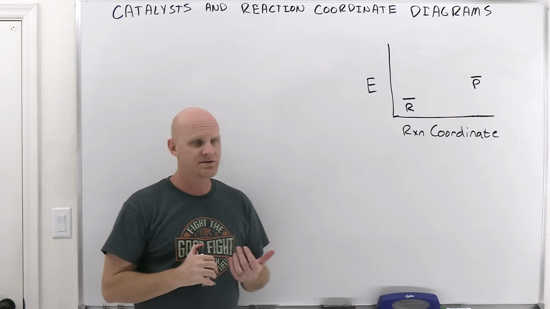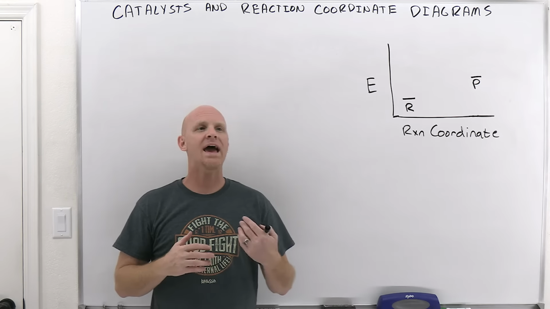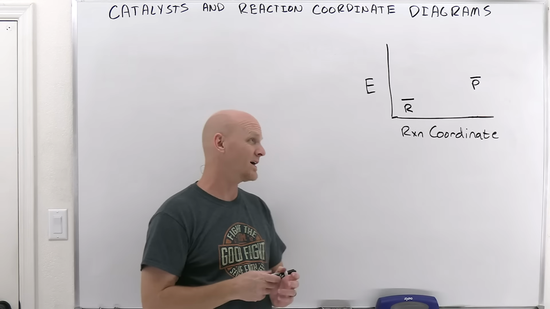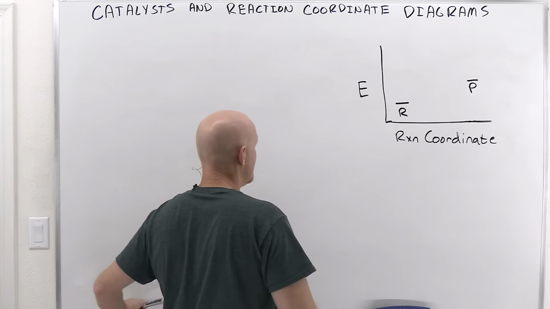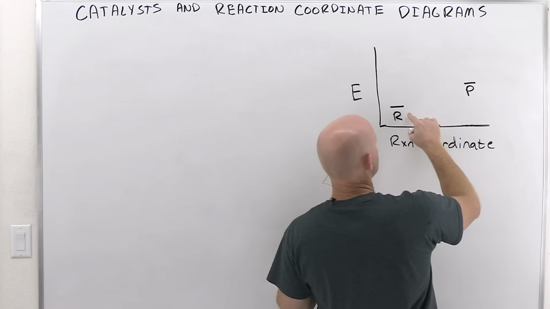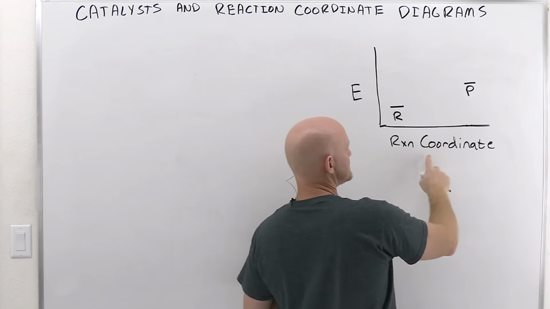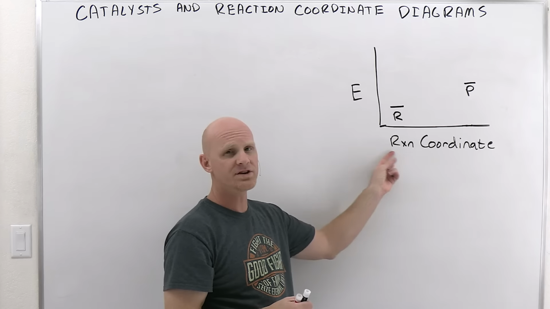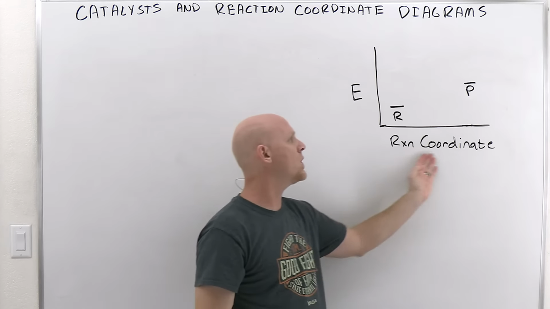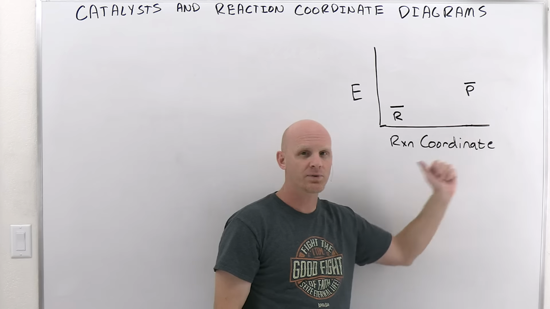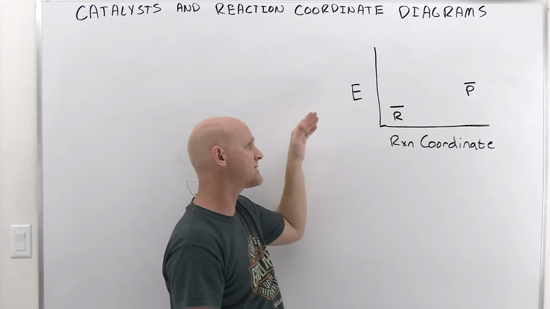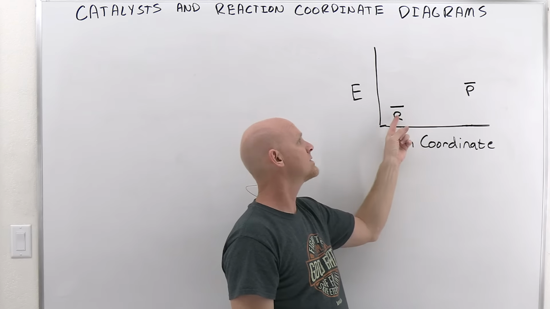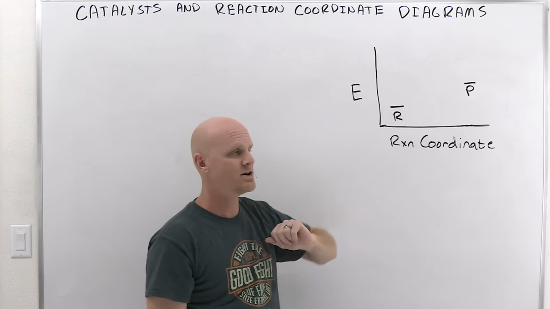So it turns out that a reaction is going to need some sort of energy even to get going. And we'll take a look at this here. If we take a look at this diagram, we've got energy plotted on the y-axis and what we call the reaction coordinate, and you'll commonly see RXN as my abbreviation for reaction. The reaction coordinate, sometimes called the reaction progress, is on the x-axis, and it just follows the reaction as it goes from reactant to product in terms of energy.